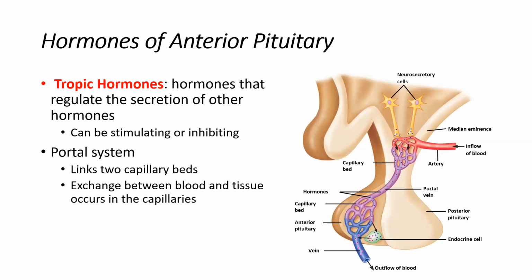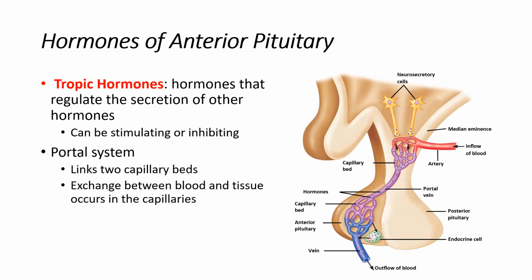All right, so this brings us to speak about tropic hormones. Now, tropic hormones are hormones that are released or secreted, and they control the secretion of another hormone. And so these can be thought of as primary hormones because their release is going to control another hormonal release. And hence we call them tropic or trophic hormones.